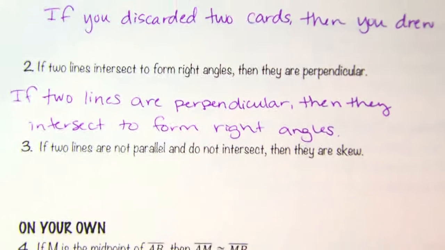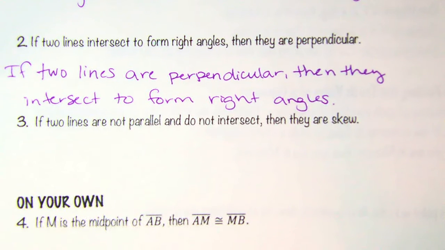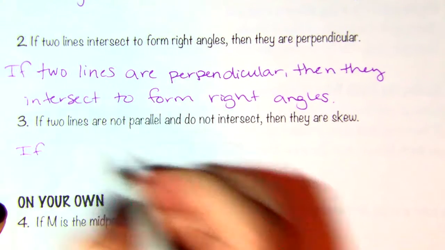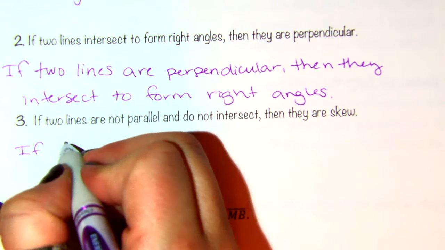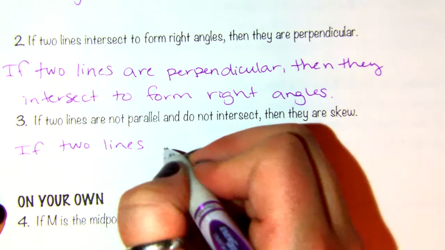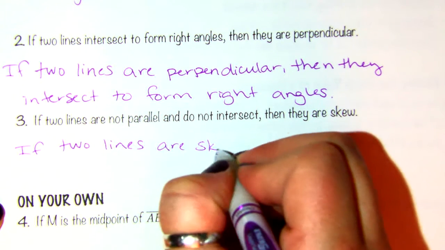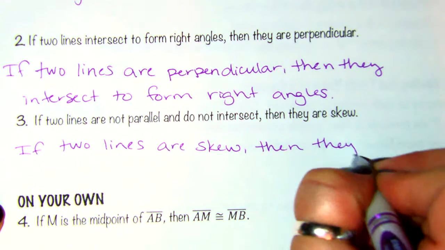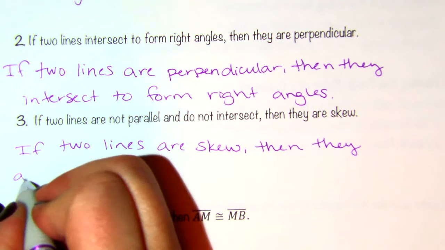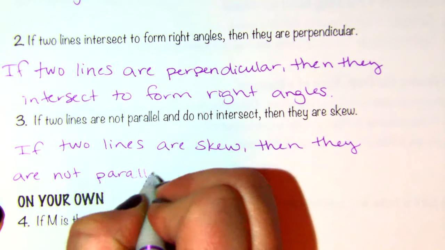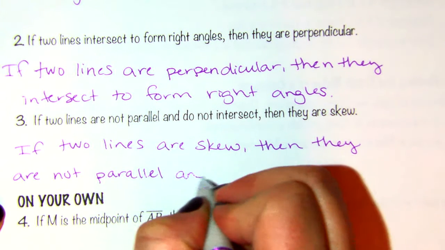Okay, number 3, if 2 lines are not parallel and do not intersect, then they are skew. So if, we're flipping the order, if 2 lines are skew, then they are not parallel and do not intersect.